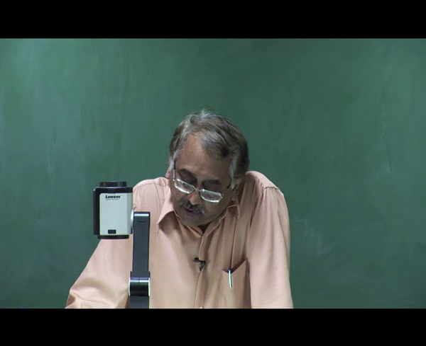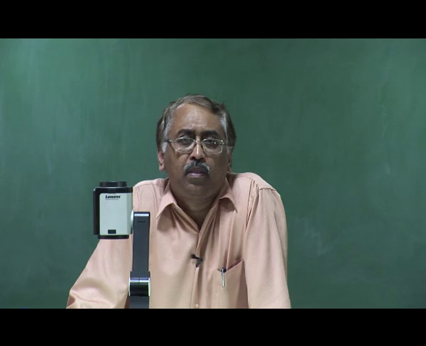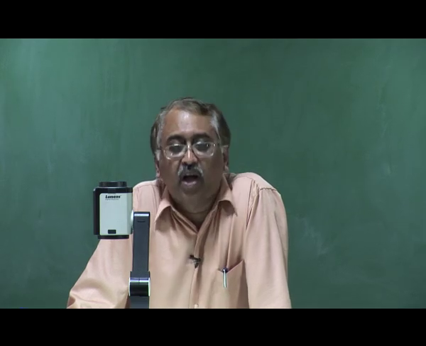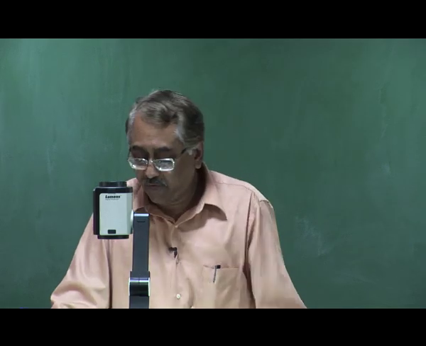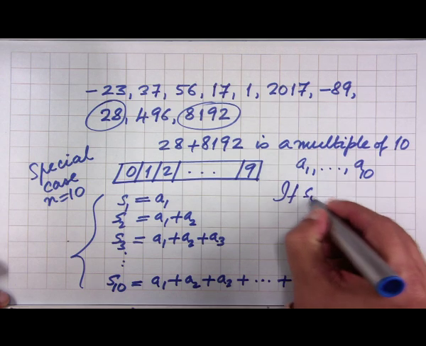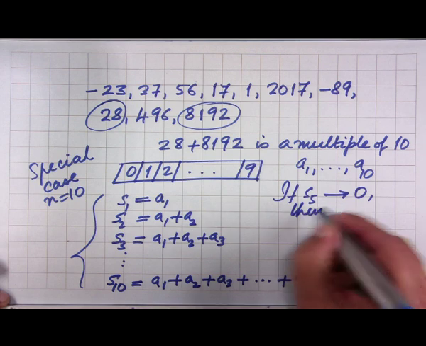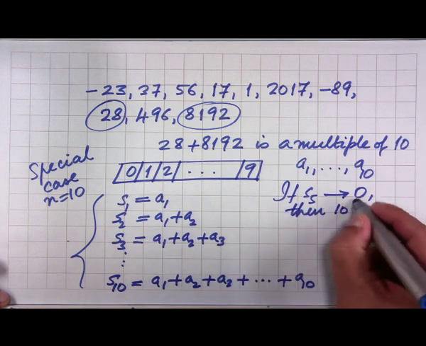Supposing one of these numbers, S1 to S10, goes into box 0. Let's say for definiteness, S5 goes into box 0. If S5 goes into box 0, then by definition, 10 will divide S5.